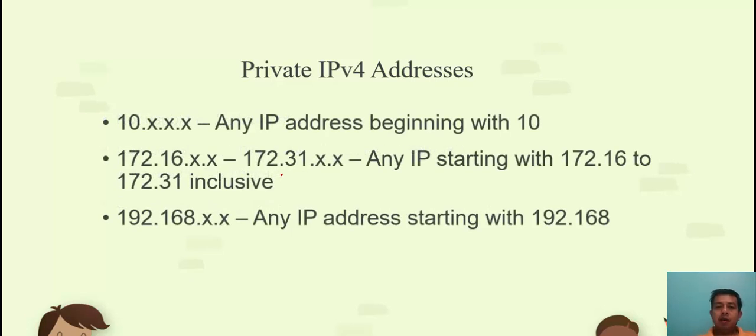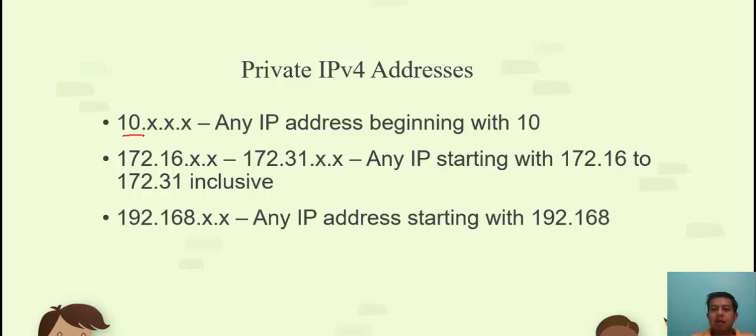Now every class has its own range of IPv4 private addresses. In class A, any IP address that starts with 10 is a private IP address. So 10, then any number in between: 10.0.0.1, 10.0.0.5, 10.20.30.10, 10.250.6.7.